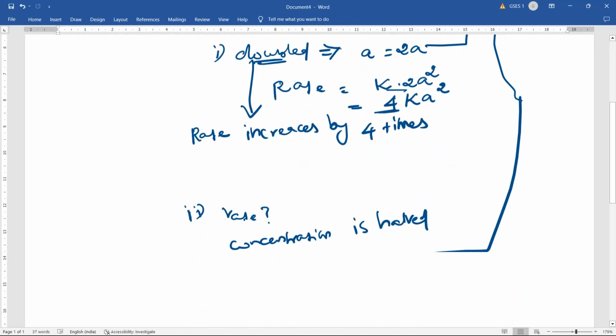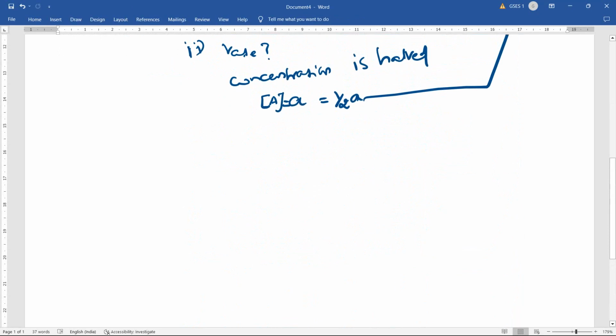So the rate is equal to K into (1 by 2 A) square. This can be written as 1 by 4 K A square.